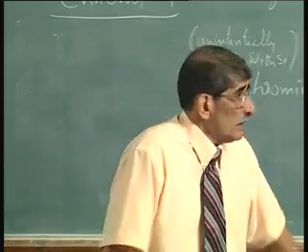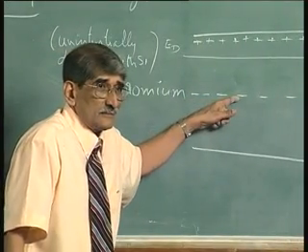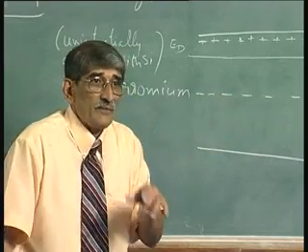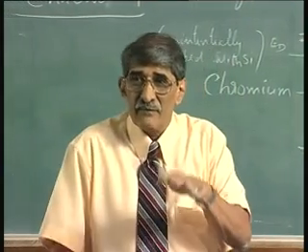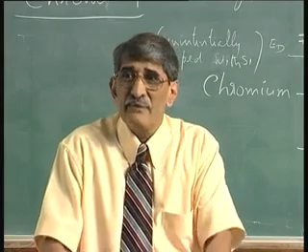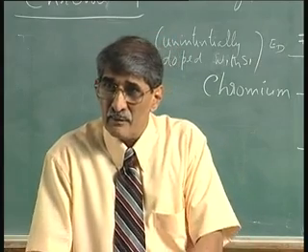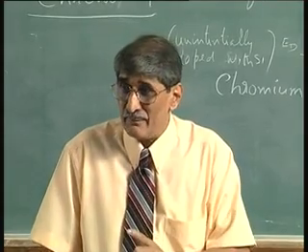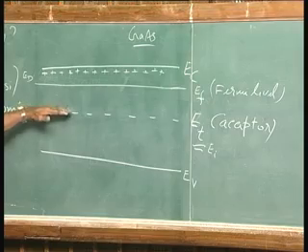Now, increase it further, what happens? It has to become p type if all of them are getting ionized. If you add more, it will become less n type and become more p type, and if it becomes more p type, the Fermi level will come below that.